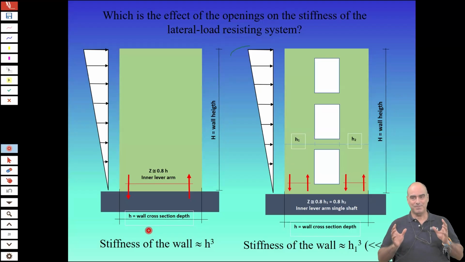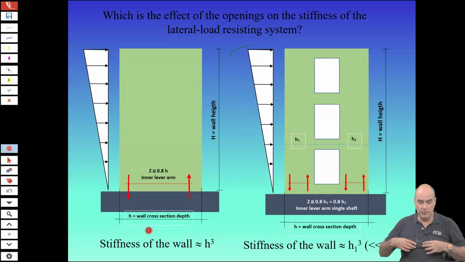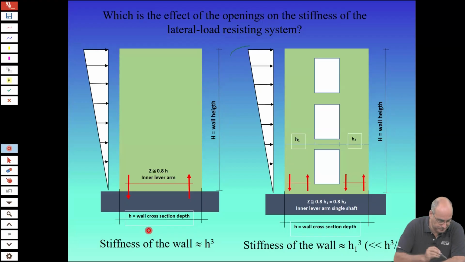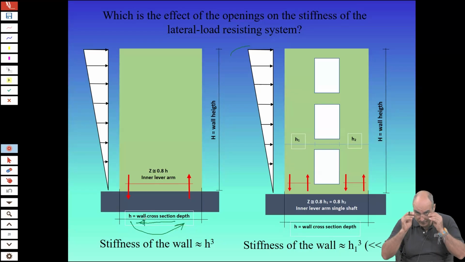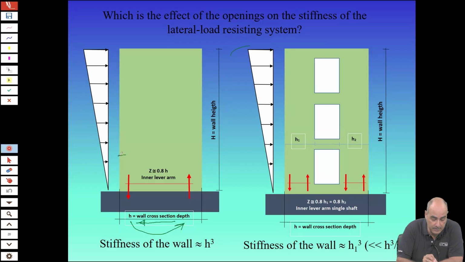And the mechanism of resistance, you can imagine that here at the bottom, you have the self-weight of the building, and you have a bending moment and the shear force, okay? And the bending moment, in principle, will give you a distribution of stresses like this.